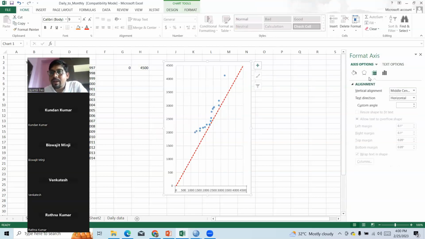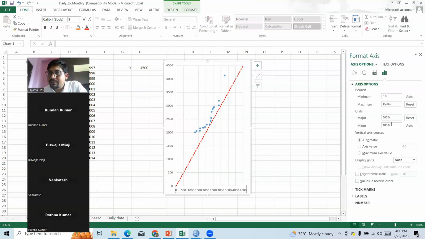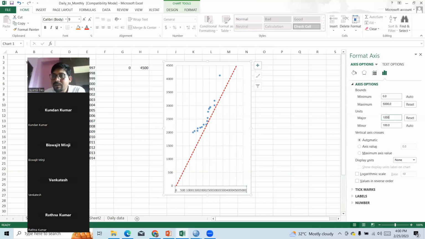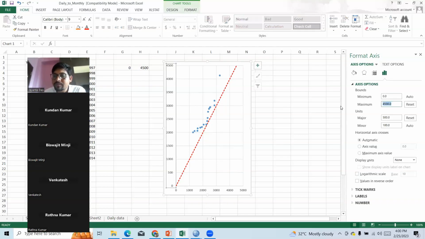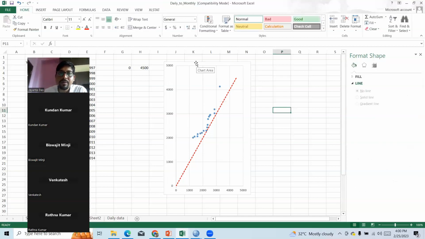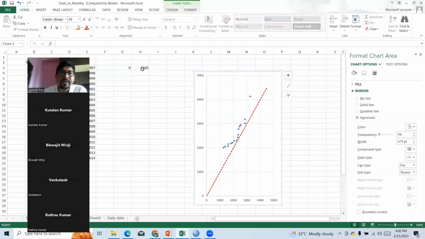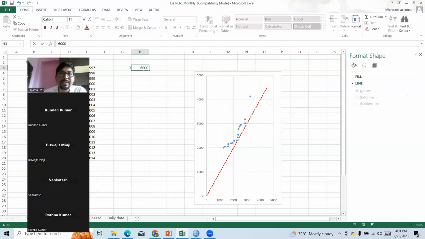Or you can do another thing. For better visibility, you can change to 5,000 and change here to 1,000. Okay, just change it here. 4500, you can use 6,000, no issue.